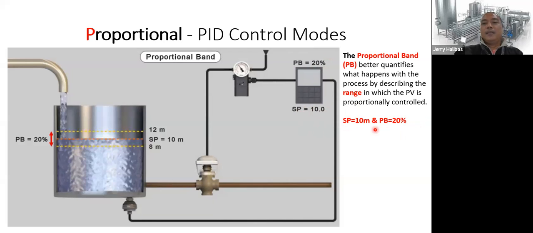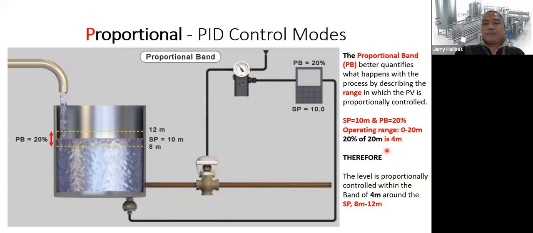Then, of course, the operating range: how tall is your tank, from 0 to 20 meters. So therefore, you compute what is 20% of the maximum range. What is 20% of your 20? That is 4 meters.